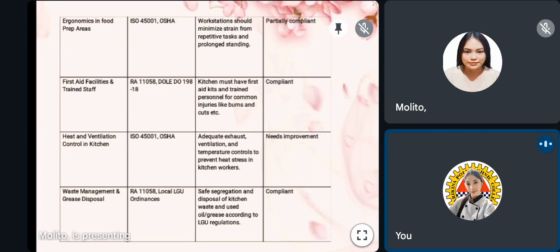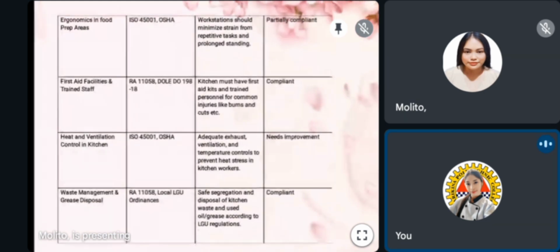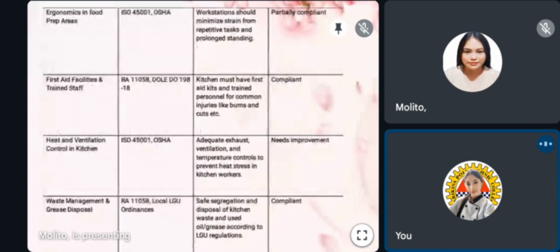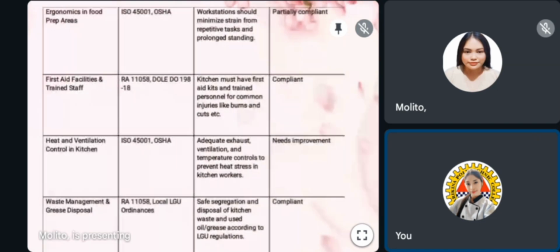Next is category area of ergonomics in food prep areas. Legal standard basis ISO 45001 OSHA. Compliance requirement, workstations should minimize strain from repetitive tasks and prolonged standing. Status remarks: partially compliant.